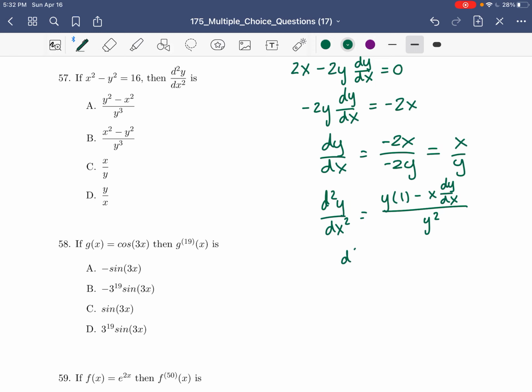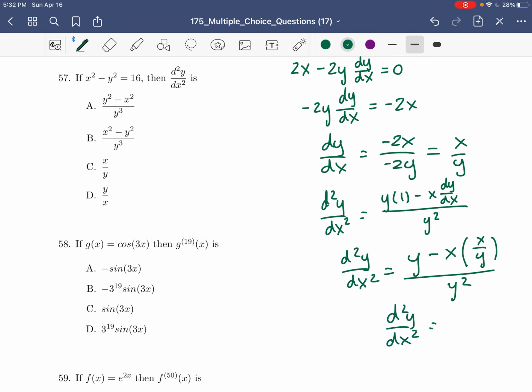But remember, you can't leave dy dx in your answer, so my second derivative is going to be y minus x times x over y, all over y squared, which simplifies to y minus x squared over y, over y squared.